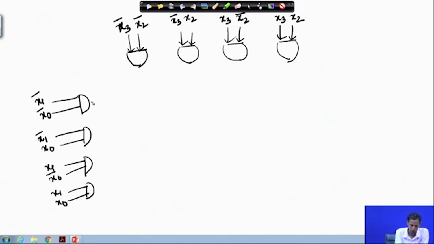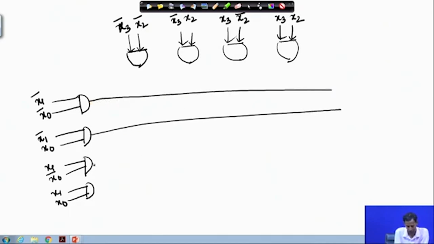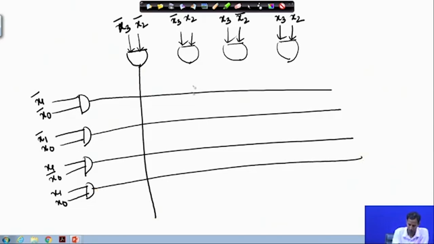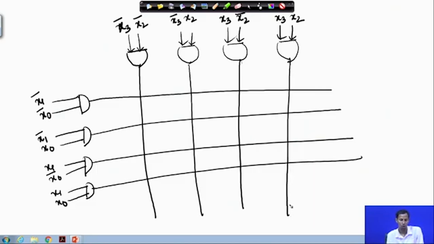Okay. So, now if you just make the lines, draw the lines from this particular point, so if I am having one AND gate over here which is connected with this, so what is the value of this?